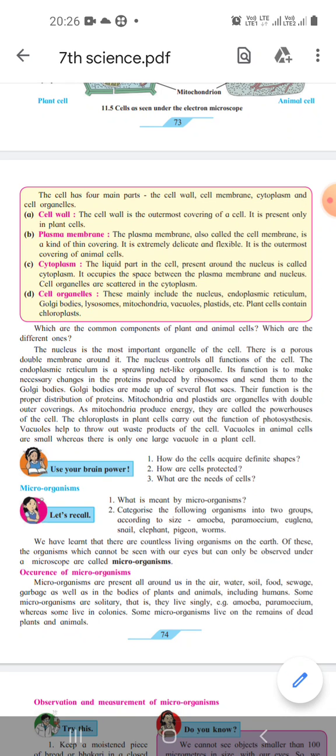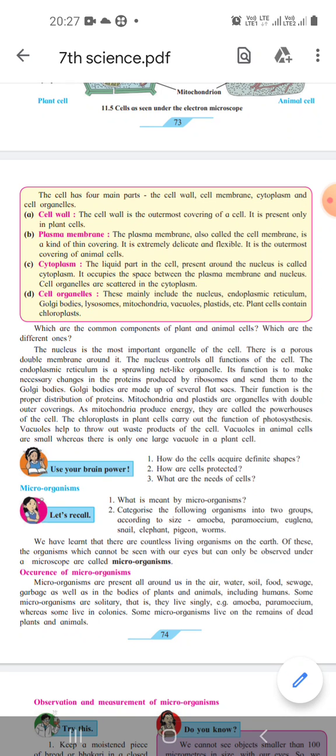Now, you have to know the definition of the cell. Cell is the fundamental structural and functional unit of living organisms. Already you know Robert Hooke discovered the cell. We had learned about measurement and observation of cells also.